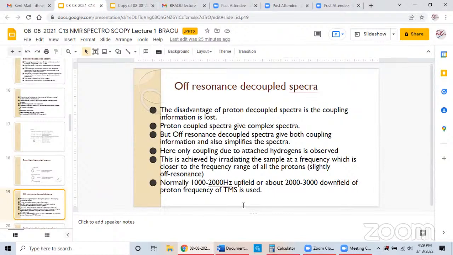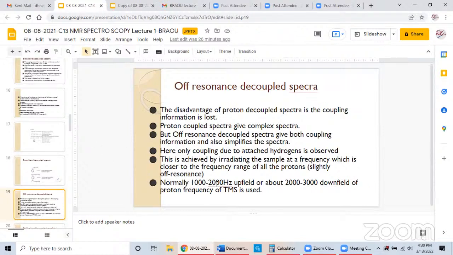It is also achieved by irradiating the sample at a frequency which is closer to the frequency range of all the protons, but not the exact range. In the proton decoupled spectra, we use complete broadband, corresponding to the proton radio frequencies. Here we use slightly off resonance of the proton range.